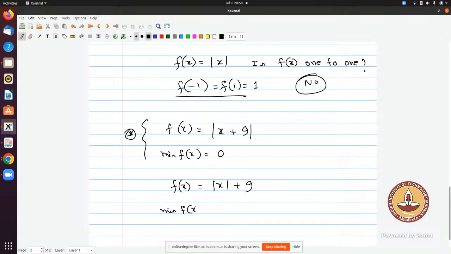The minimum value of mod x is 0, so if I add 9, it will start from 9. So can someone tell me what the graph of this function looks like?